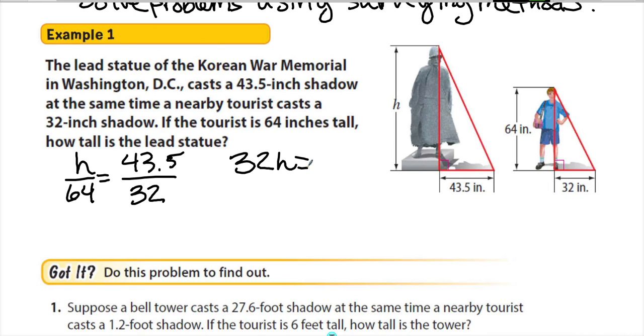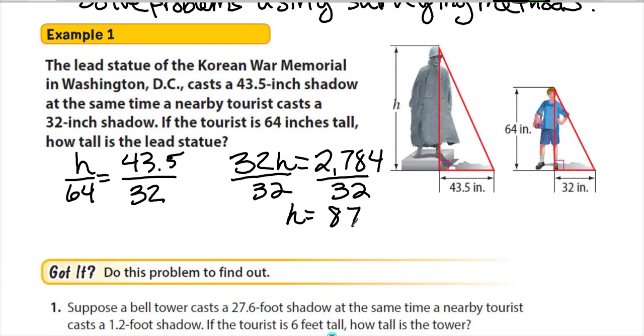If you haven't grabbed one, go ahead and pause it and grab one real quick. 64 times 43.5 gives us 2,784. We divide by the coefficient of 32, and that gives us 87.